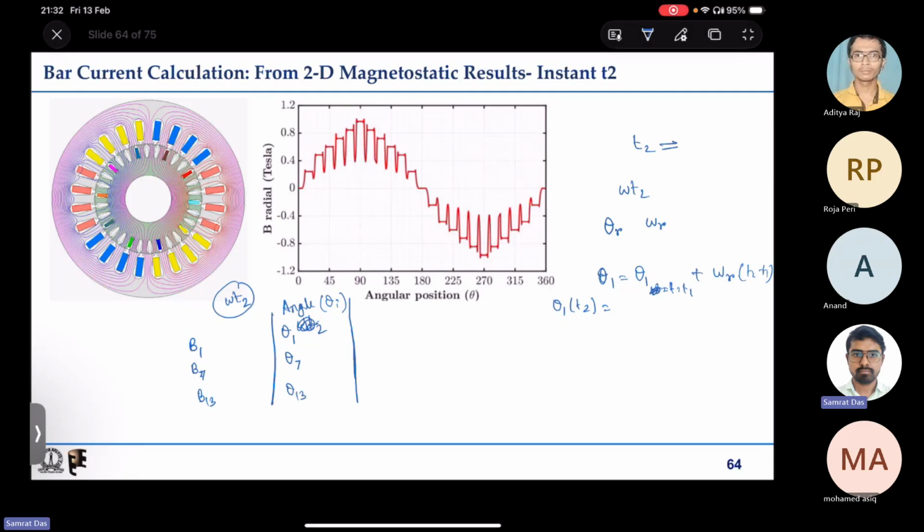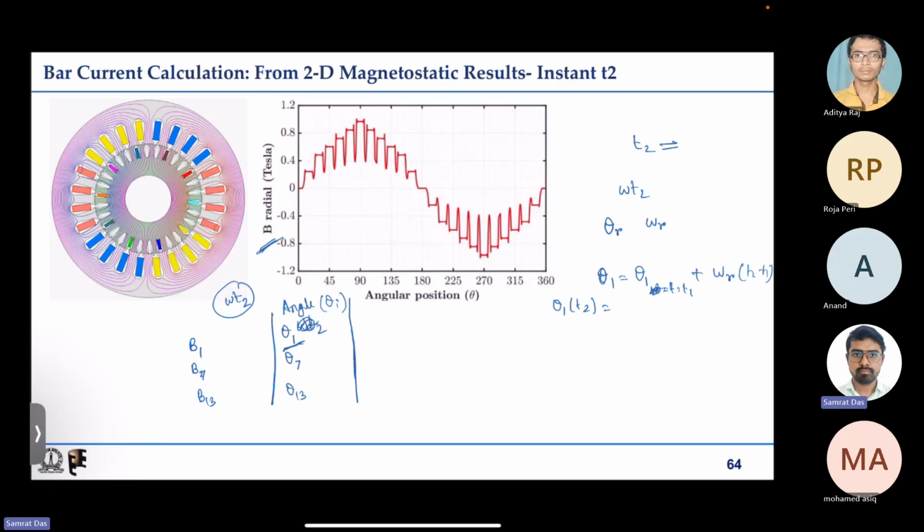And at this new instant again we can do a magnetostatic simulation and get the radial b distribution with theta. And as we know, the locations have changed. The magnetic field is rotating at a certain speed, so it has rotated by some angle, but the bars have rotated by a different angle.